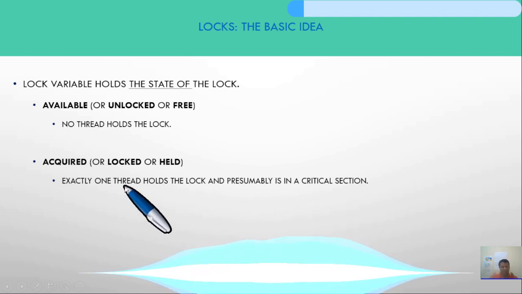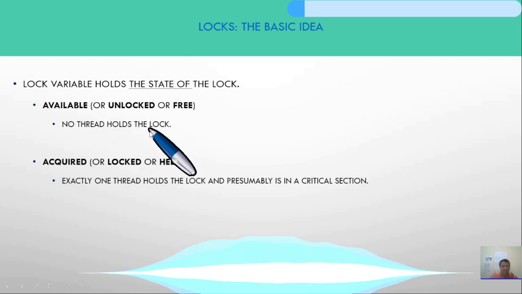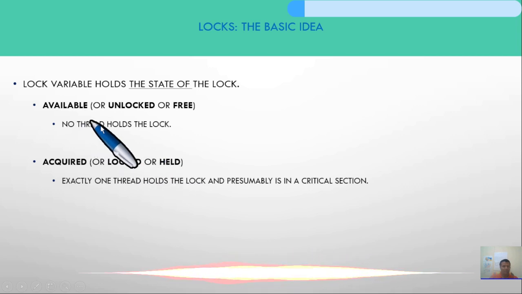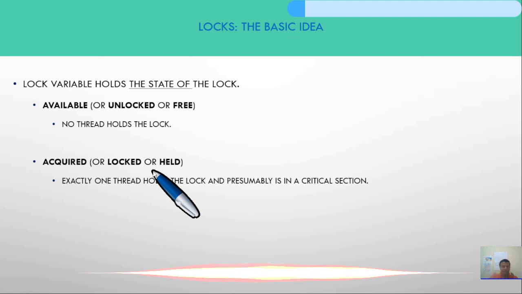Once a thread is in the critical section, it holds the lock, so no other thread is allowed to enter. These are the two states of the lock.